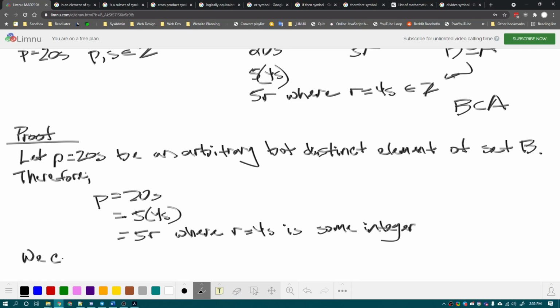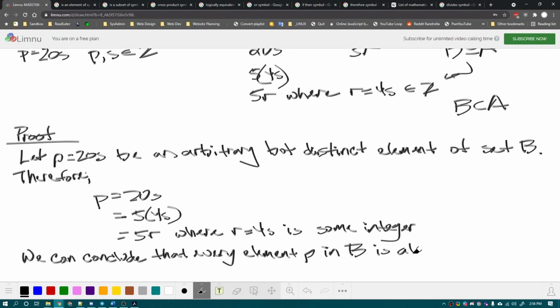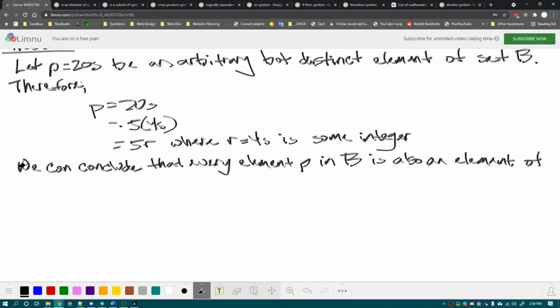We can conclude that every element P in B is also an element of A.